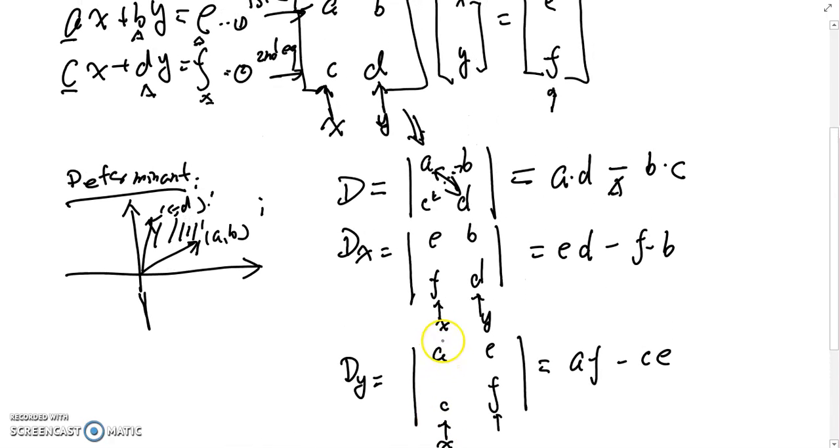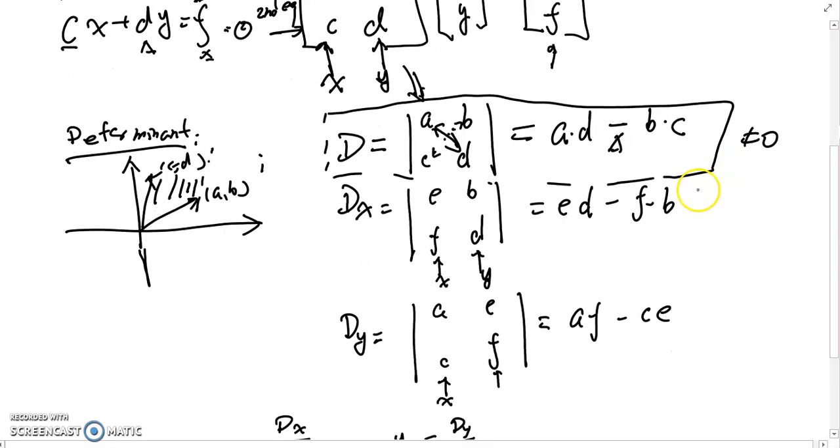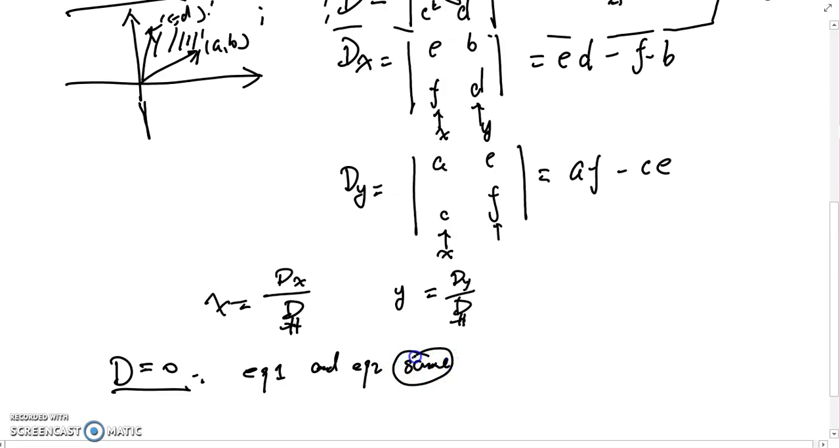That's the solution. But you need to know that D cannot be 0, because D is in the denominator. One very important thing: if D is 0, it means equation 1 and equation 2 are basically the same equation.